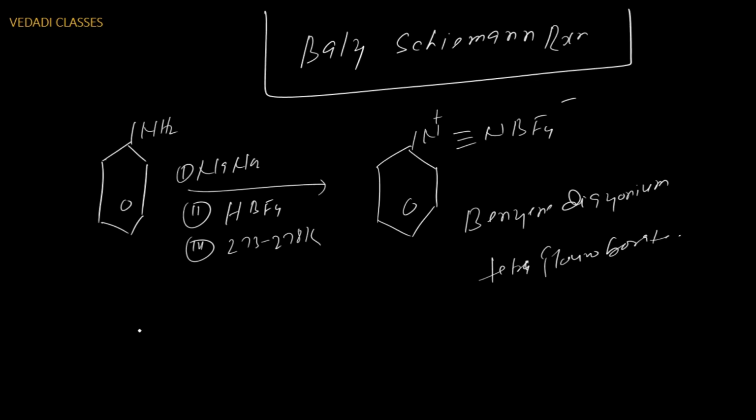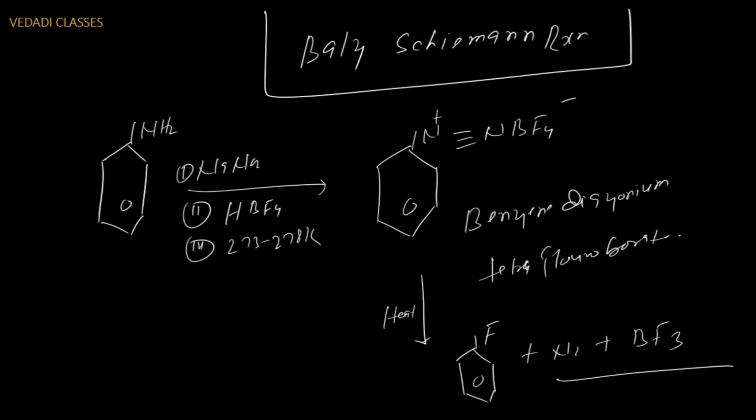Now, when the benzene diazonium tetrafluoroborate is heated, then it will form fluorobenzene. This is fluorobenzene plus nitrogen plus BF3 as a byproduct. So these are formed as byproducts. This is the Balz-Schiemann reaction, the method of preparation of fluorobenzene.